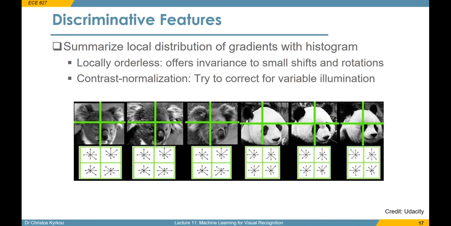Locally, our representation does not have any spatial information, but globally we retain some form of the image. So if the object moves a bit to the left or right, or forward and backwards, the information in each of these local histograms is retained. So our representation is more robust to motion.